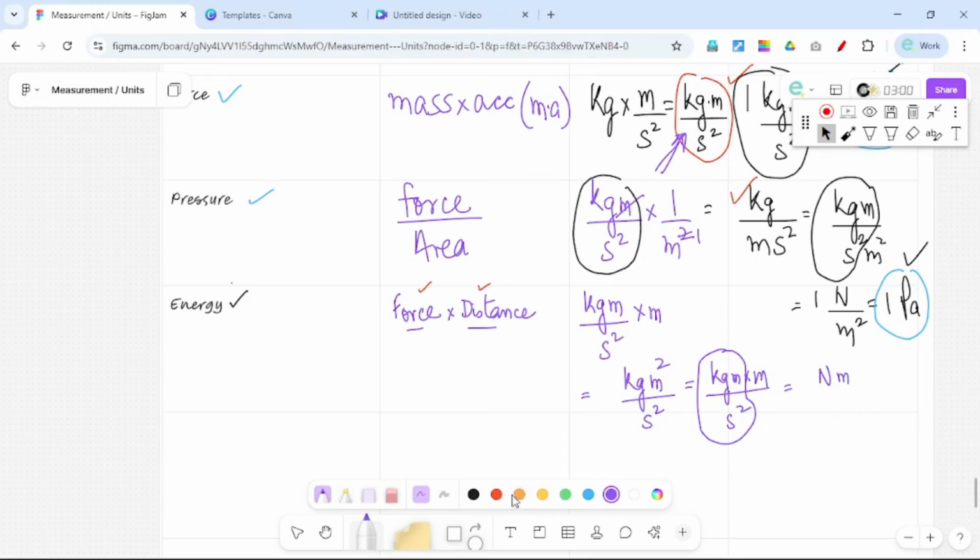So either you use this as derived unit, kg meter square divided by second square, or as Newton multiplied by meter. And for this we have named a new unit called joule. So 1 kg meter square per second square, or 1 Newton meter, is equal to 1 joule.